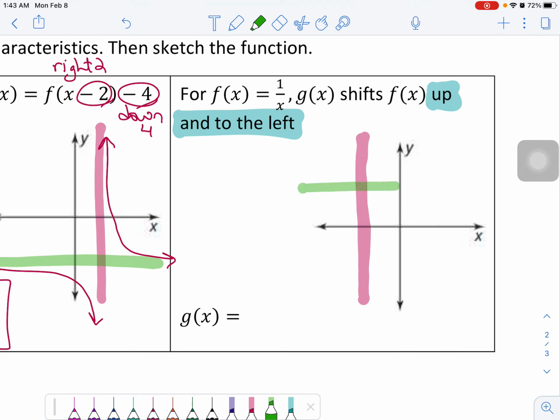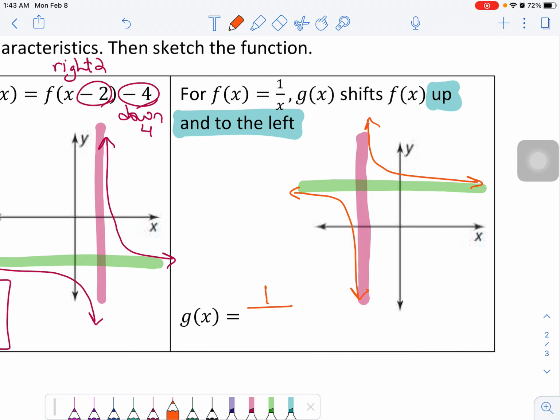And shifting up means, well, shift it up. Now, you can pick whatever values you want. It will not matter as long as it fits the moving to the left and moving up.